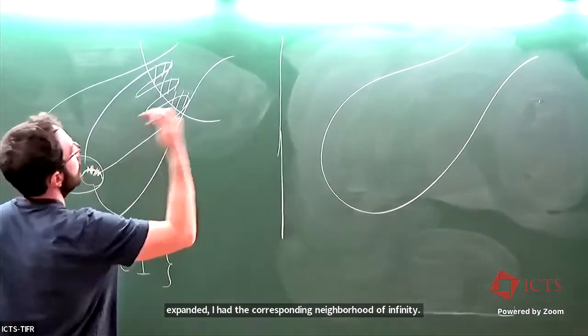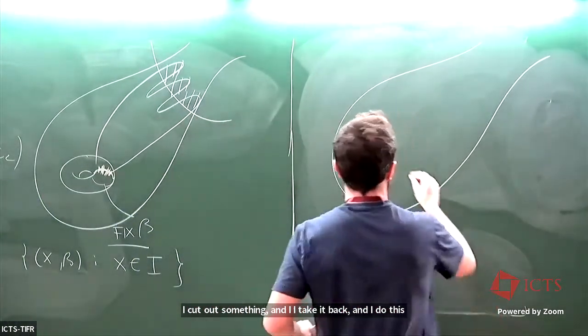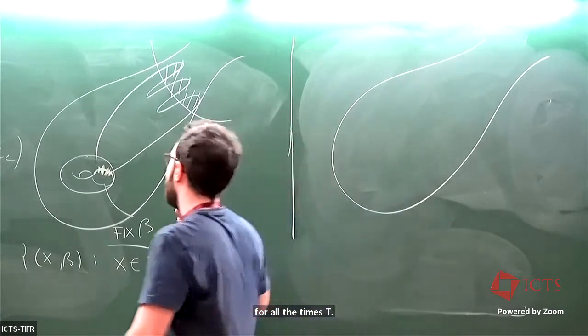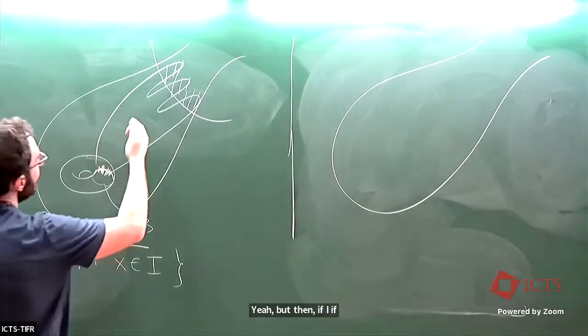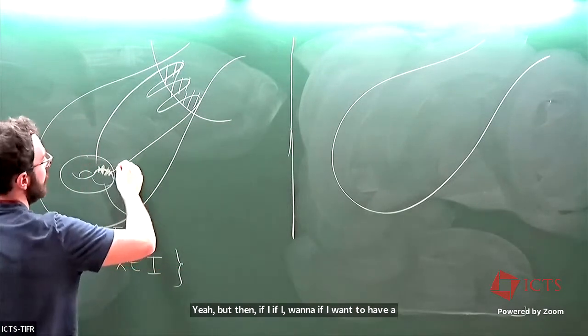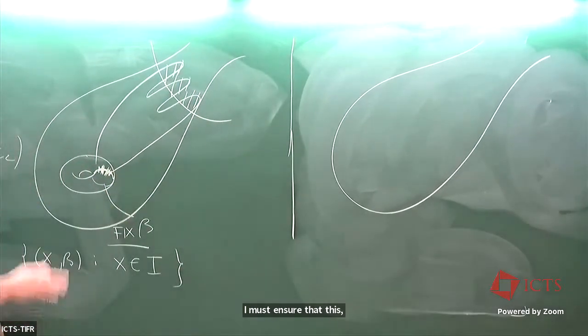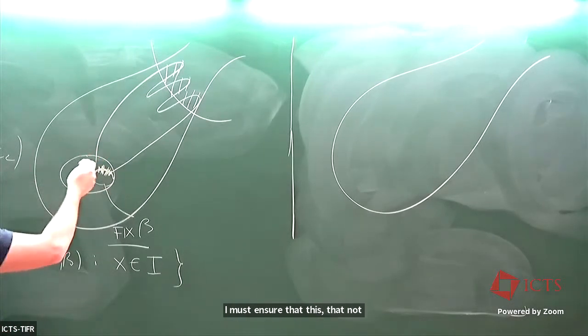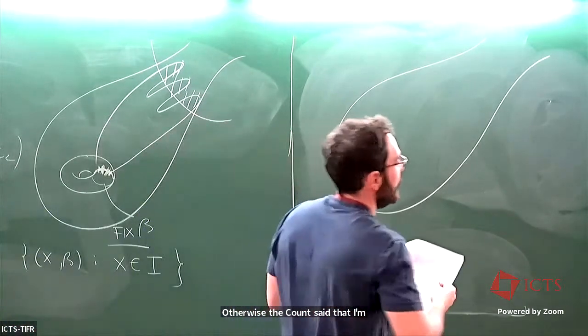And I do this for all the times t in my set CR, and I hope that something is left at the end. But if I want to have a hope that something is left at the end, I must ensure that not too much of this fiber goes into the cusp. So I can't remove too much at each step. Otherwise, the Cantor set that I'm left with is essentially empty, right?